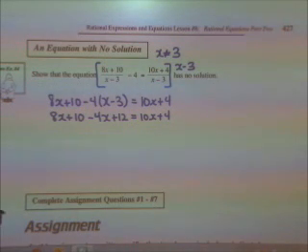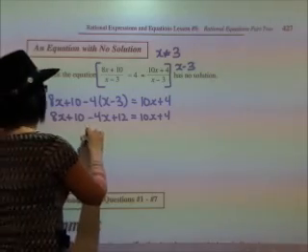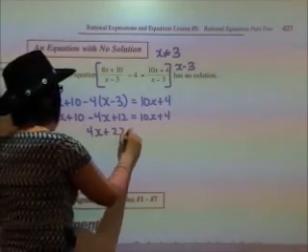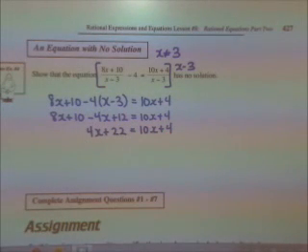What's that? Okay, and when I collect the like terms, what do I get? 4x. Okay. Now what? I would move the 4x plus 22.